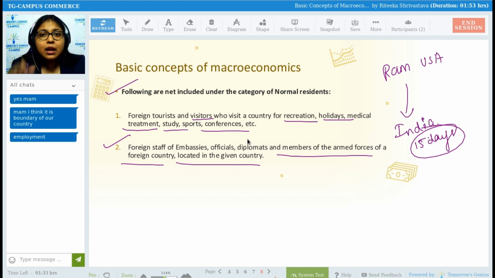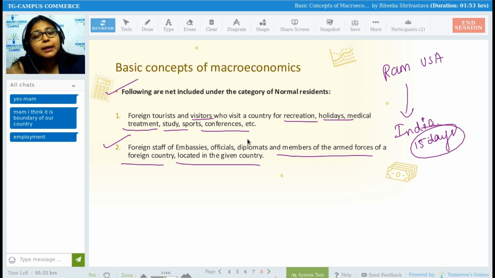Now suppose on the Indian border, there is a person from USA who has been shifted to India for defense purposes, he might be in the army, navy, or BSF fighters. He might be part of the fighters from India, anything like that. Just a hypothetical example, I am giving you an impractical example.